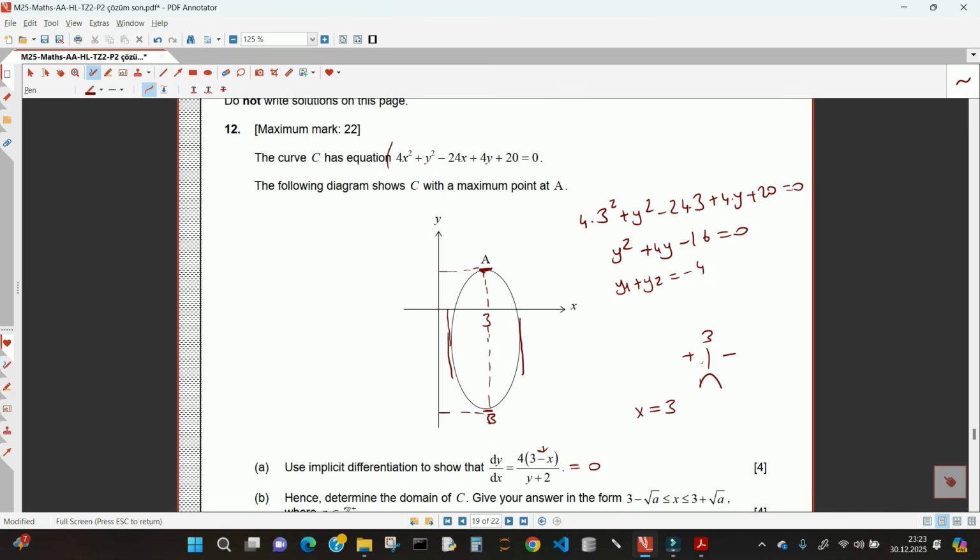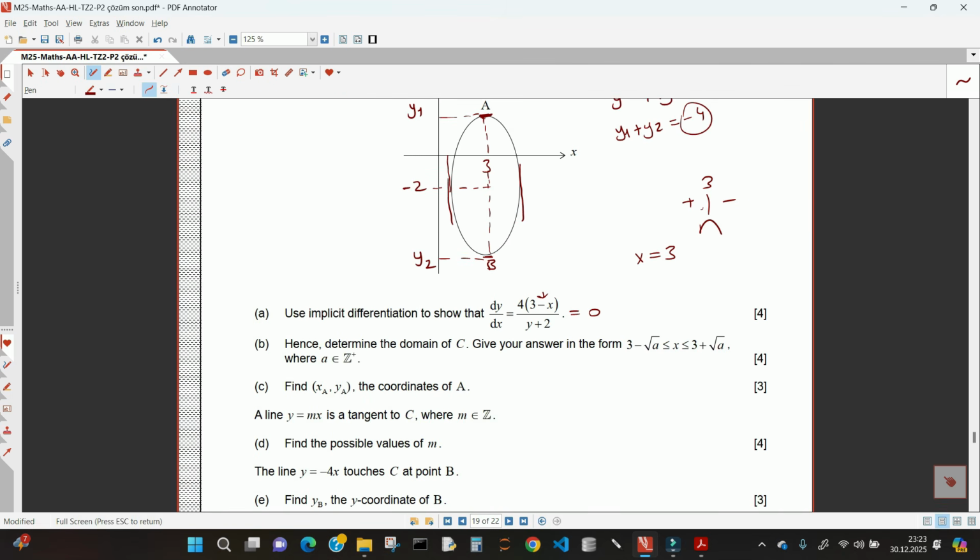In this case, the middle of these roots, let's say y sub 1, y sub 2, so in this case the middle point of this value is minus 2, right? Which is half of minus 4. If you again replace y with minus 2, you will find again the same x values of the domain. And yeah, the minimum point and the maximum point of the domain. So this is the second way.